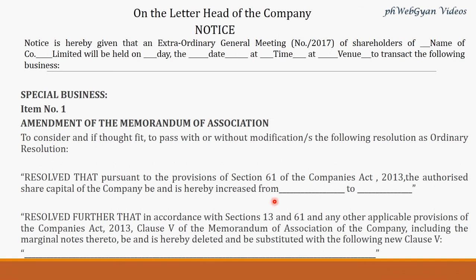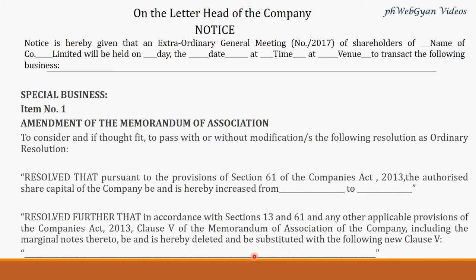Clear? Then there would be the body of the resolution, the same way you draft resolutions: resolved that pursuant to so and so section of the Act, the authorized share capital of the company is increased from this to this, and pursuant to which the memorandum of association would be altered, and this new clause, whatever is mentioned here, would be substituted in place of the earlier clause.